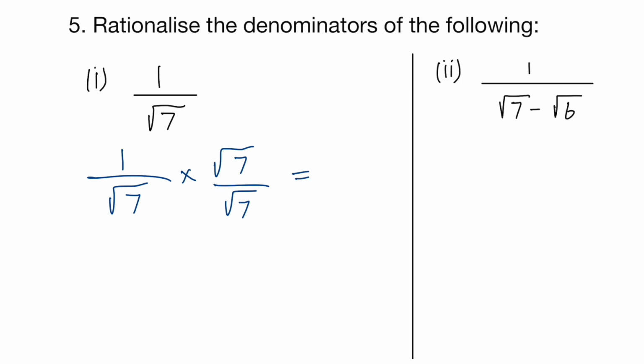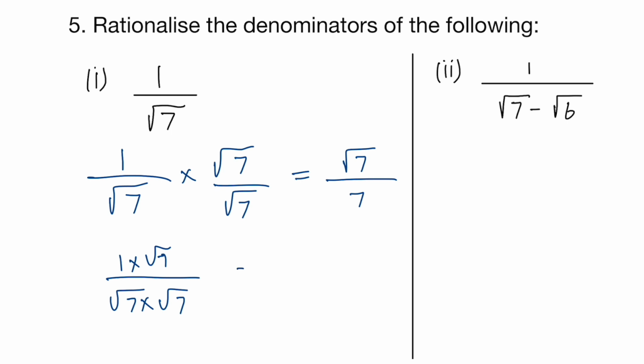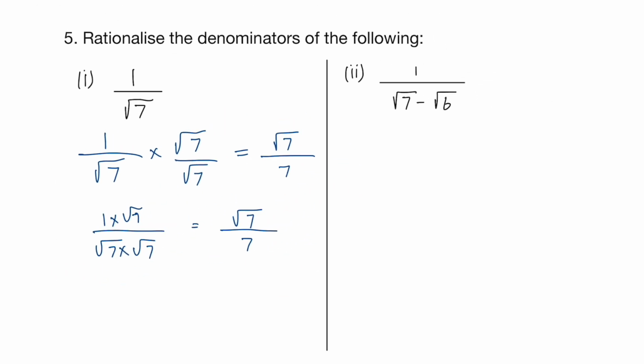Now, what would be the value that you get out of this? It's going to be root 7 divided by 7. Root 7 times root 7 is 7, and in the numerator we just have root 7. For your exam sake, you can write it in multiple steps, like 1 into root 7 divided by root 7 times root 7, and further as root 7 divided by 7, but just for simplicity, I have written it like this.